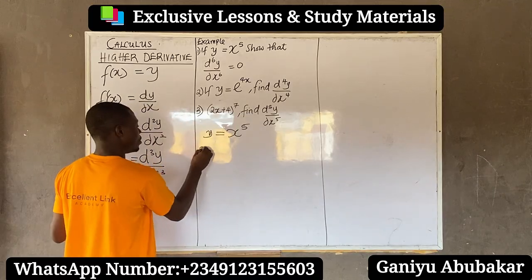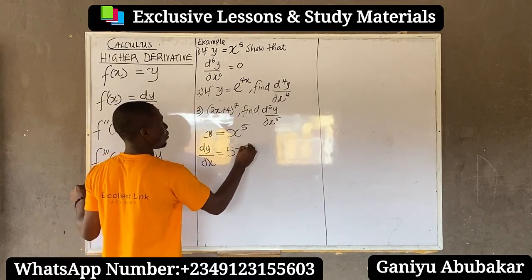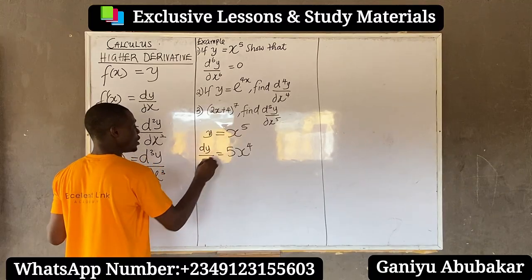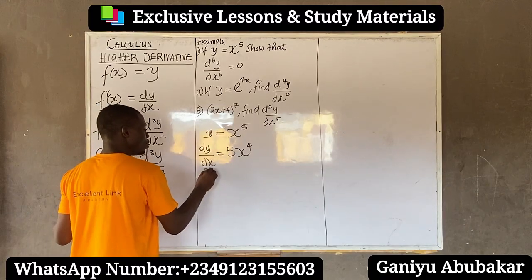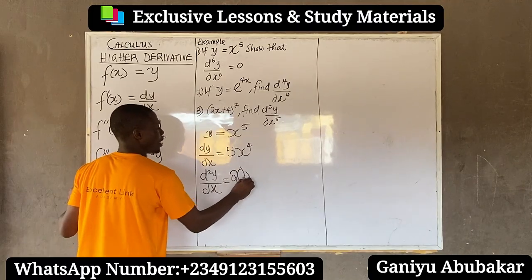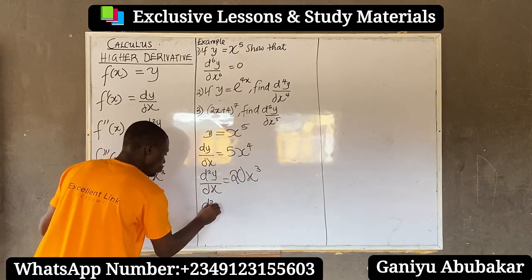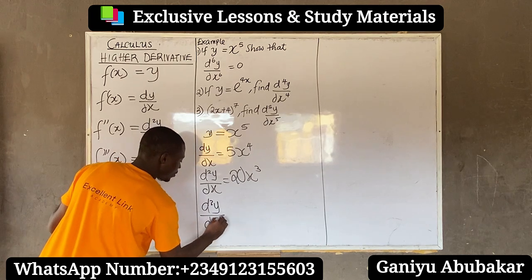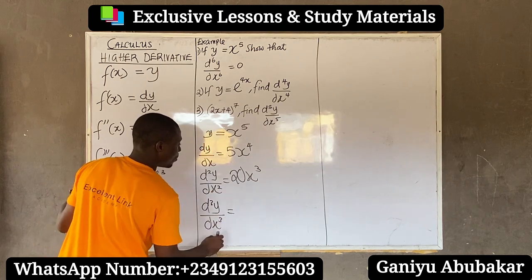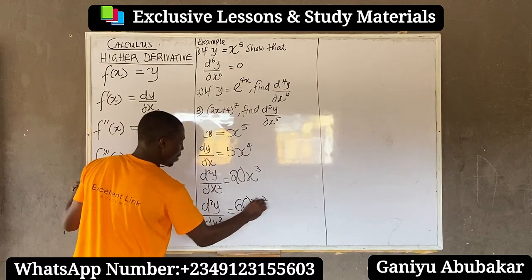Let's start, please. dy/dx gives you 5x to the power 4. Differentiate this answer again. So d squared y over dx squared gives you 20x to the power of 3. Differentiate again. The cube y over dx cube gives you 60x squared.